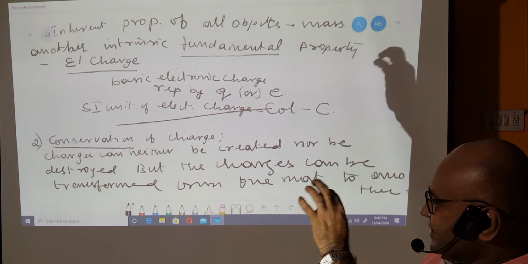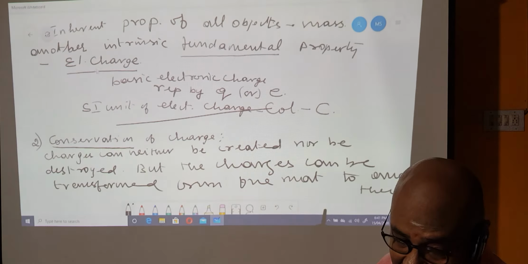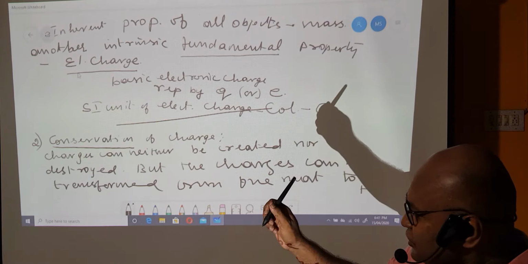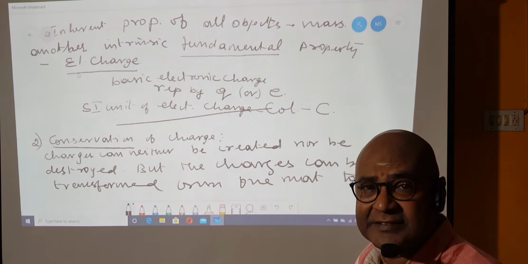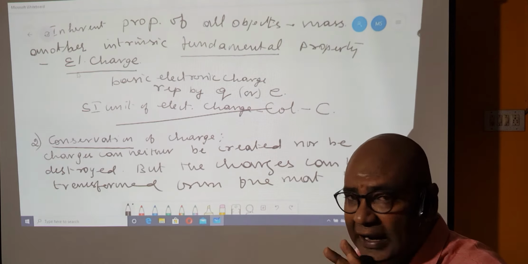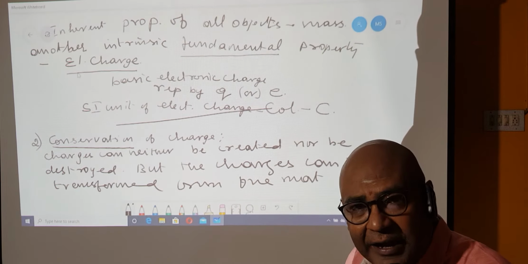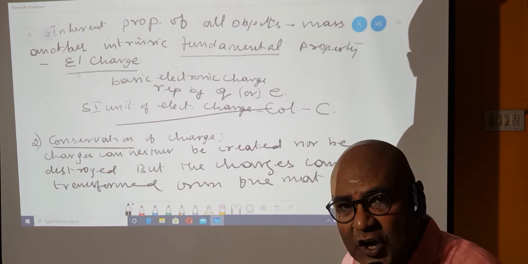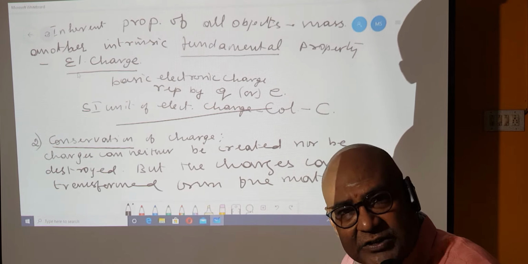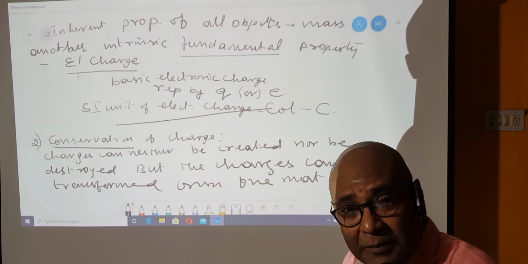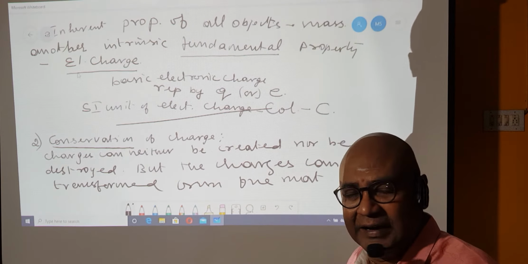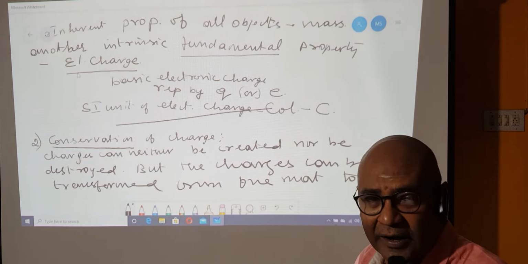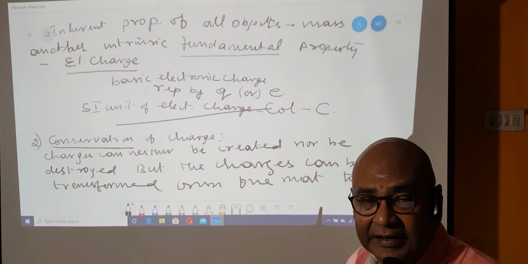So this is considered to be conservation of electrical charge. I am repeating: charges can neither be created nor be destroyed, but can be transformed from one material to another by some means that we shall see later. This is one law, conservation of electrical charges.